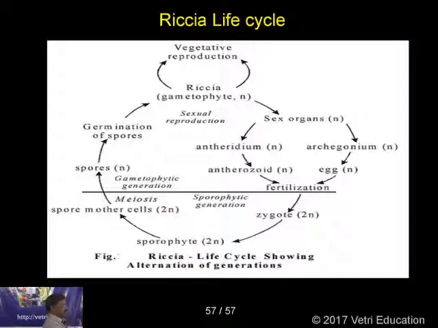There you can find spore mother cells. Those spore mother cells undergo reduction division, meiosis, and form haploid spores. These haploid spores germinate to give the haploid gametophyte. So the haploid gametophyte gives gametes, fusion gives diploid sporophyte. Diploid sporophyte gives spore mother cells, which undergo reduction division and form spores, again giving the gametophyte. This is called alternation of generations.